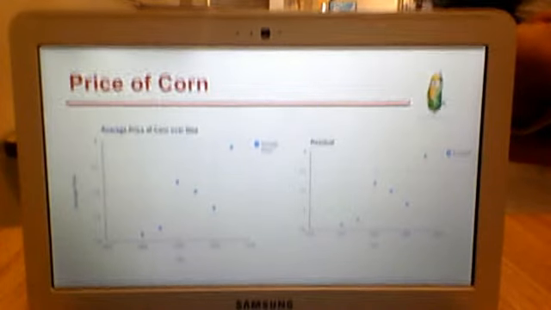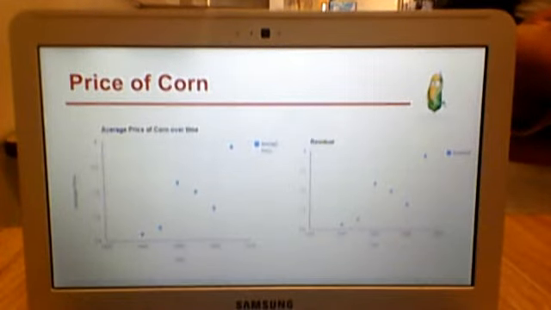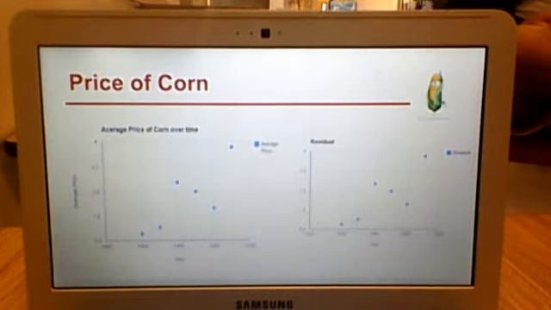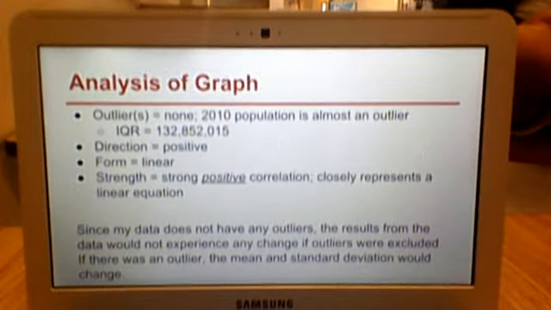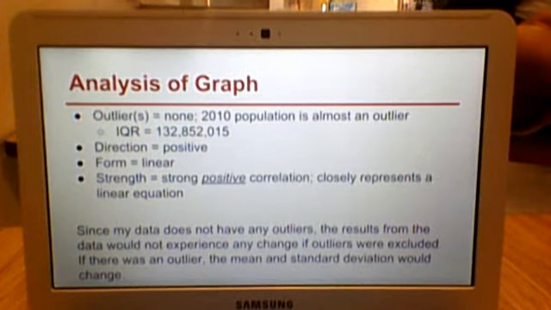On the left side of this is the average price of corn over time, and on the right side is also the residual.